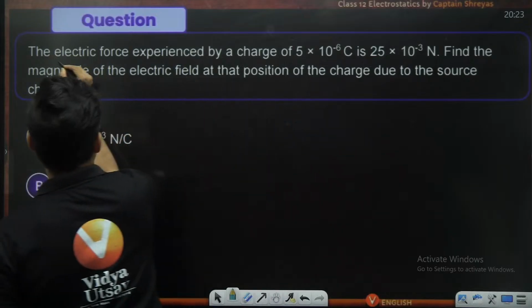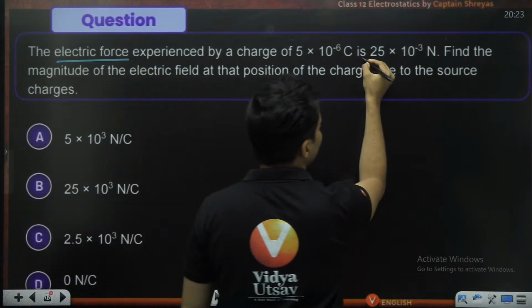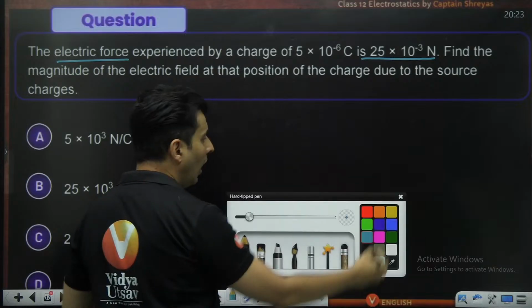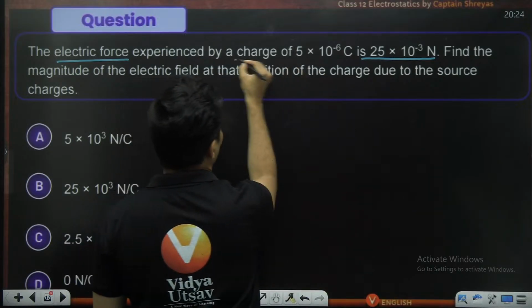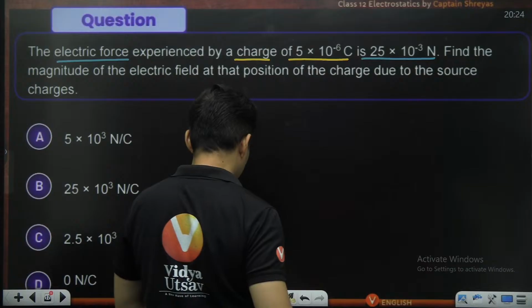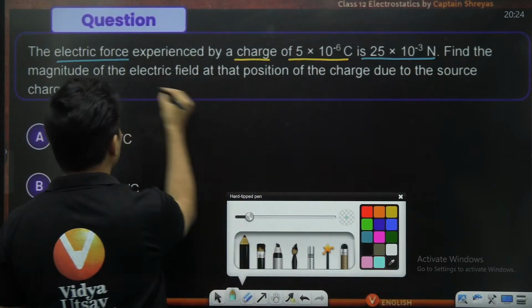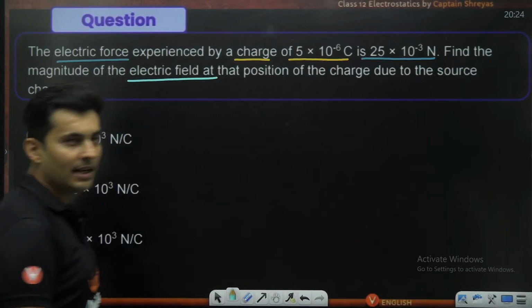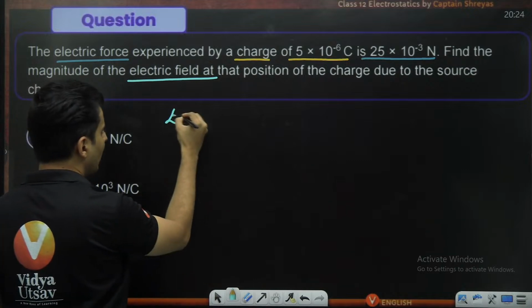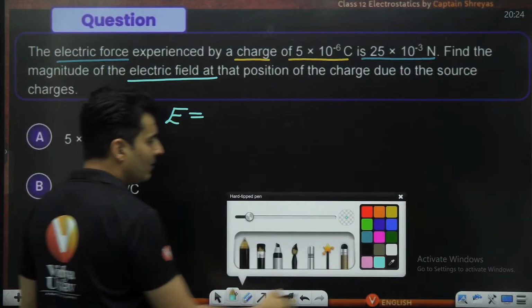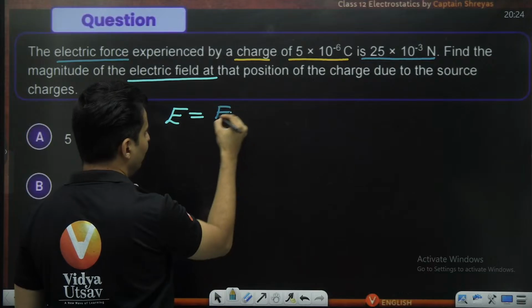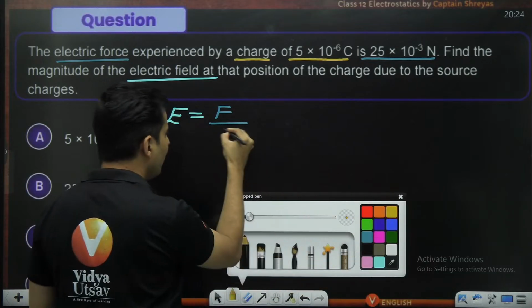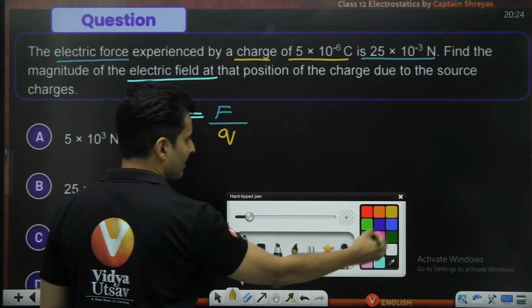The electric force is these many newtons on a charge of these many coulombs. The question is, can you find the electric field at that location?